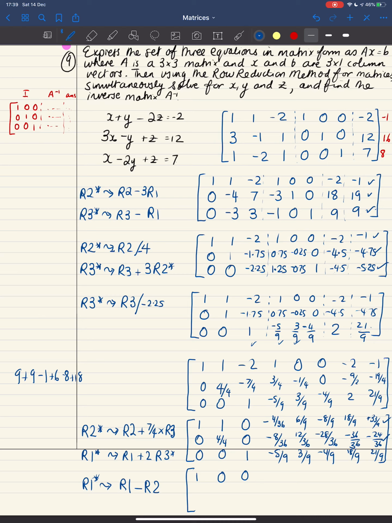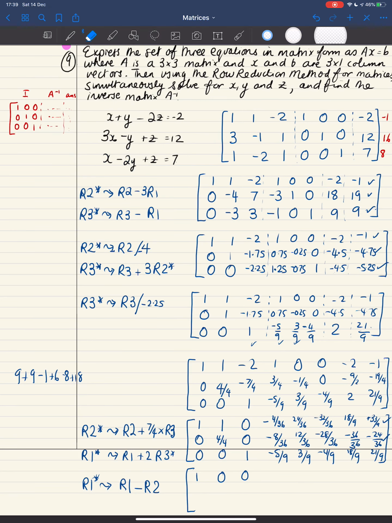Okay, 6/9 is actually 24/36. I'm making them on 36 so it's easier to work out. 6 over 9, yeah. Minus 8 over 9 is minus 32 over 36.